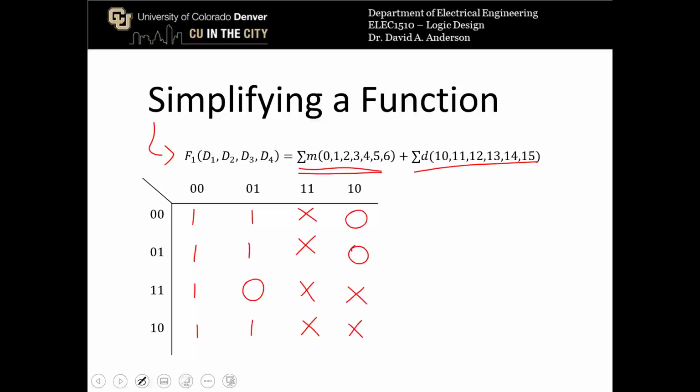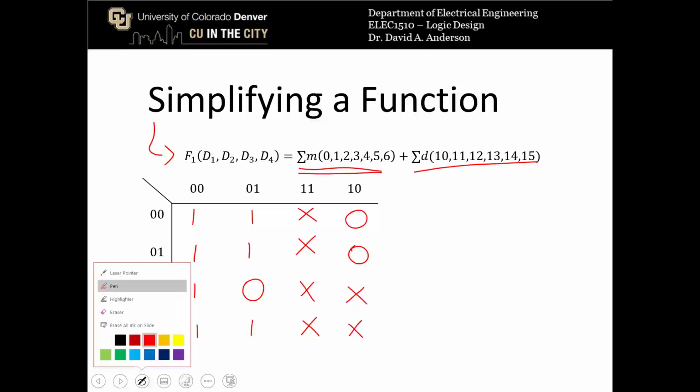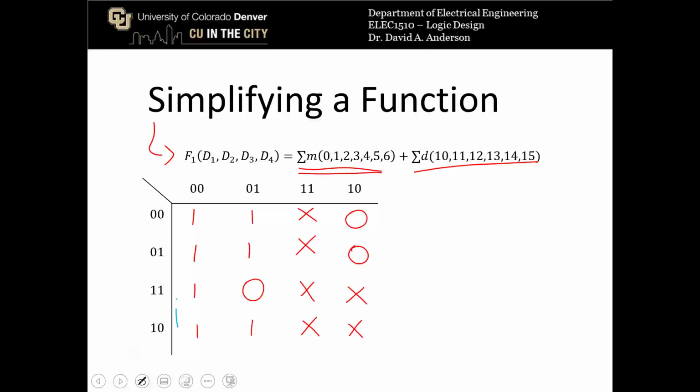So now we have to circle all possible ones, and we can include any x's that allow the bubbles to be maximized. So let's look at this bubble right here. That one cannot be expanded up or down because there's no room to expand. It can't be expanded to the right because there's a 0. And it can't be expanded to the left because of these two zeros right here.